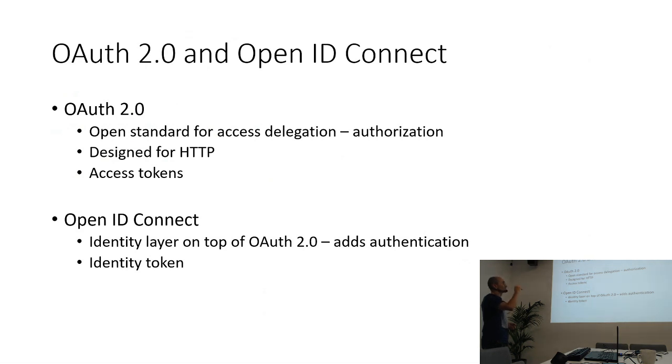In today's presentation, I will just be simple and call everything OpenID Connect. Sometimes I would mean OAuth 2, but I think for practical reasons, it's not really necessary to know the difference between these two. You just need to be aware that there are actually two standards.